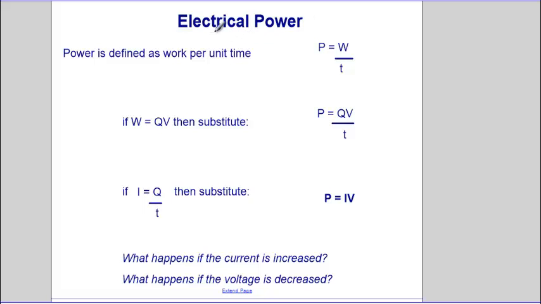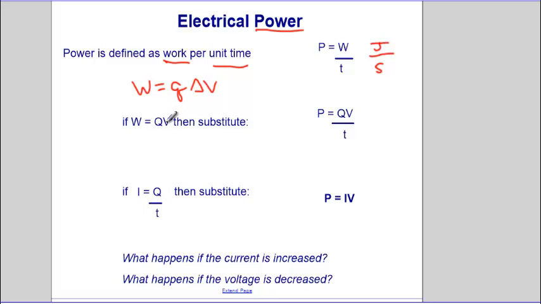The rate at which energy is transformed or transferred is referred to as power, or electrical power in the case of charges moving. So power is defined as how much work is done per unit time, or how many joules are consumed or transformed every second. And if we look at the electrical definition of work, work as previously stated would be Q times delta V from our potential chapter.